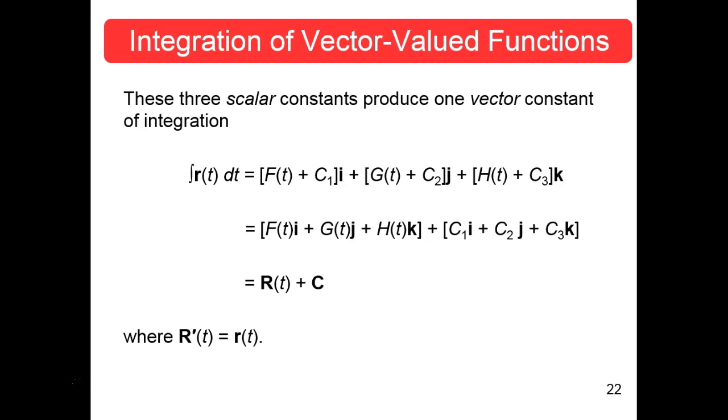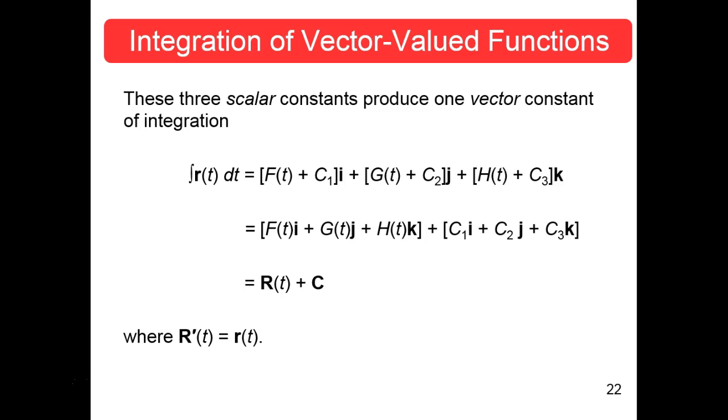So you usually just represent it as some C, which is C1 i plus C2 j plus C3 k, a constant vector with no variables in it. Then the derivative R prime of t gives you little f of t, little g of t, little h of t, and the derivative of the constant vector gives you 0, because there are no t components there.